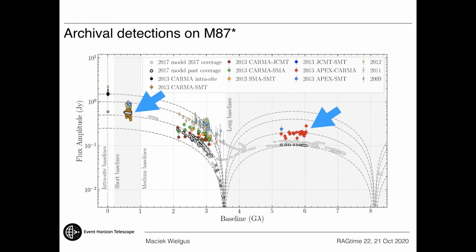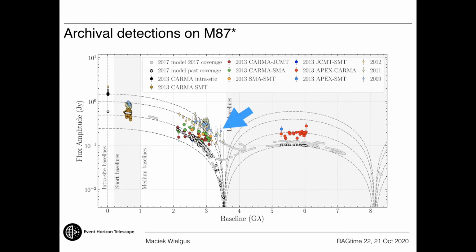But if you look at the long baselines, the right arrow, you will see that there is a large discrepancy between what you would expect and what you actually measured in 2013. So something changed in the source, and it wasn't a simple change that everything is brighter or less bright, because then everything would be growing by the same factor. But short baselines didn't grow and long baselines grew by a factor of 2. So there is some important structural change in the source between 2013 and 2017.